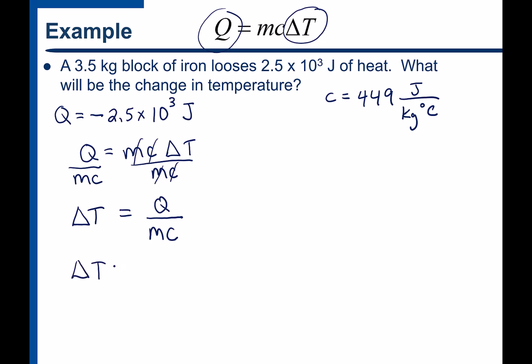Delta T is equal to negative 2.5 times 10 to the 3rd joules.